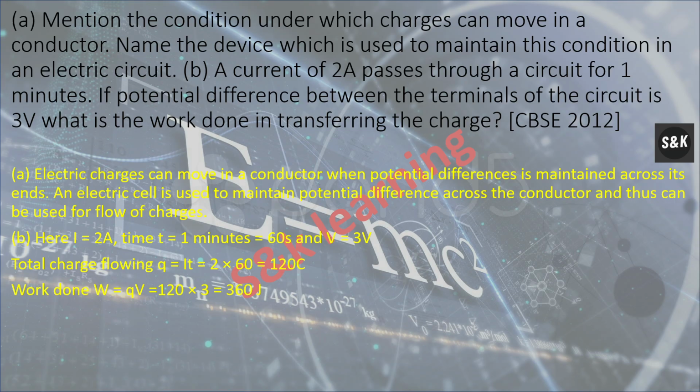So electric charge can move in a conductor when potential difference is maintained across it, and an electric cell is used to maintain potential difference across the conductor and thus can be used for flow of charge. B. Here I equals 2 A, time equals 1 minute, which is 60 seconds, and voltage equals 3 volt. So total charge flowing Q equals I into t, which equals 120 coulomb.